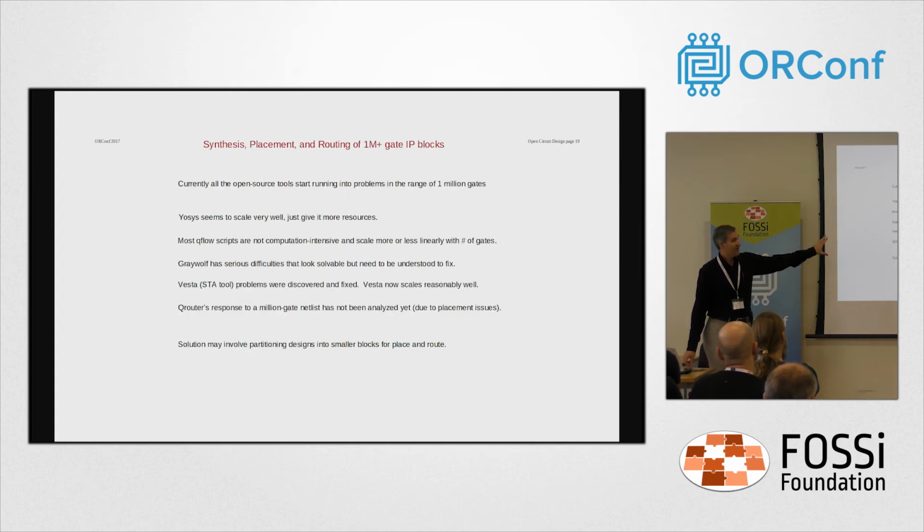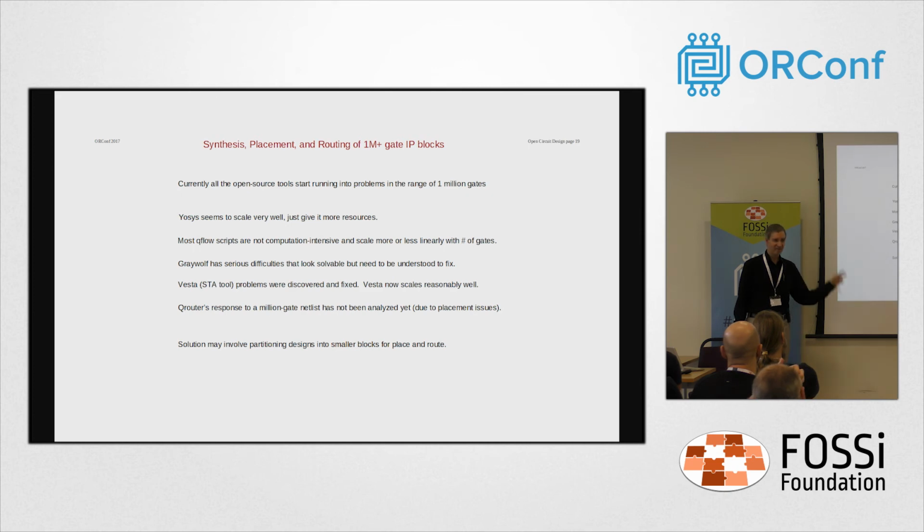And then finally, I think Kunal probably covered this pretty well yesterday, but there is a definite wish list for being able to route something at the million gate level. Right now, all these tools just about uniformly die somewhere between 100,000 gates and 1 million gates. 100,000 gates is good enough to compile. It's plenty sufficient for the PicoRV32.